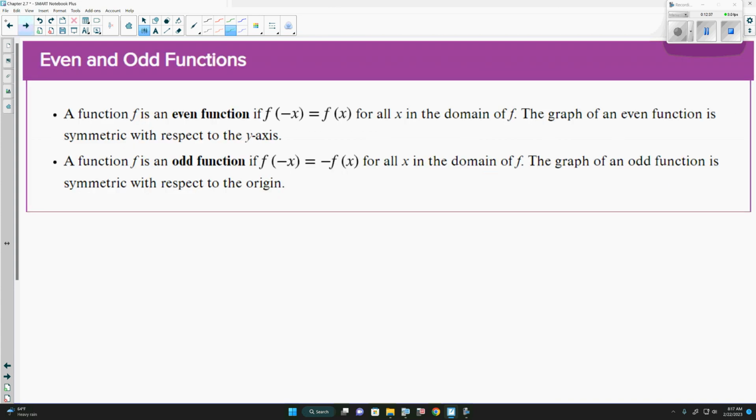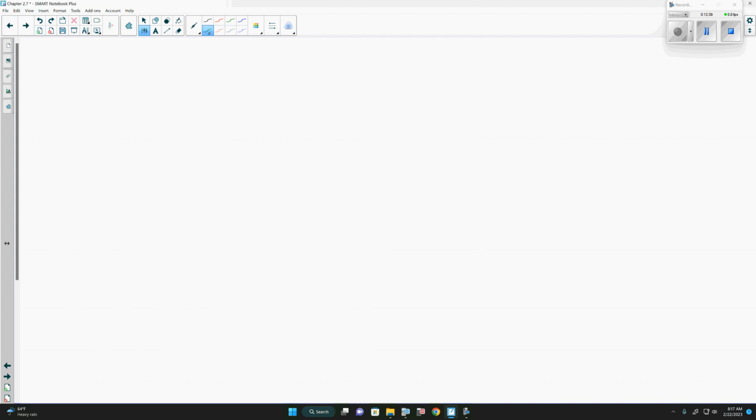Let's see here. So I'm just going to add this in. Let's say x cubed. Or instead of f of x, we can say, actually, let me use y equals x cubed.